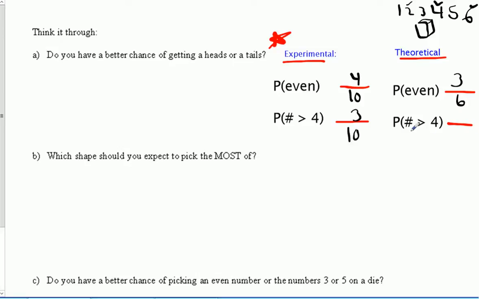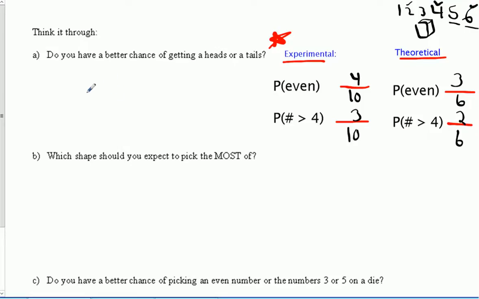Now, how many of these is greater than 4? Again, we talked about that. 5 and 6 are greater than 4. So my probability is going to be 2 out of 6. These two need to be exactly the same as what I have on here, because these are true no matter what dice you have. It's a 6-sided dice that has numbers 1 through 6.